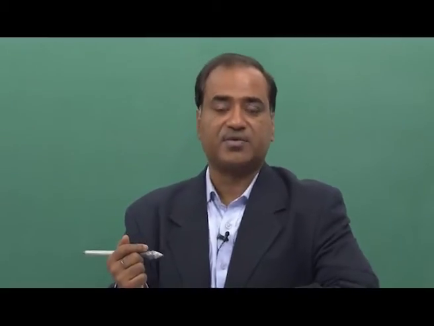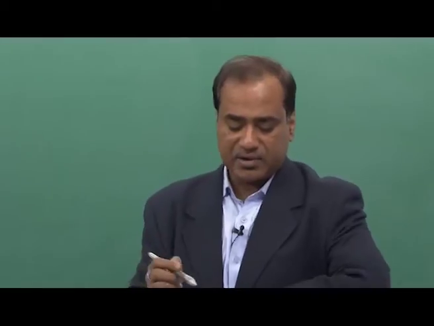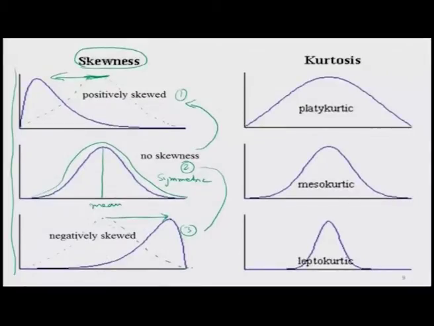So, this is the character that we try to study here. In case number 2, we say there is no skewness, and that the curve is symmetric. On the same lines, in figure number 1, where the hump is shifted on the left hand side, we call this curve positively skewed.